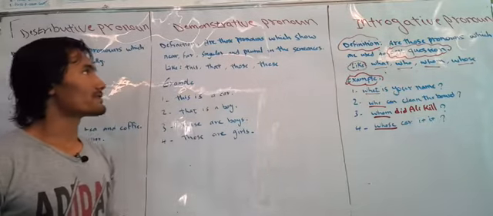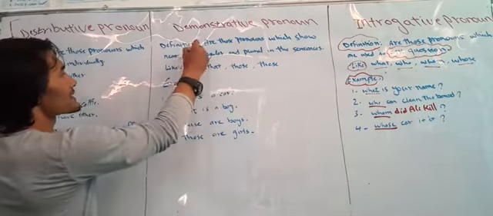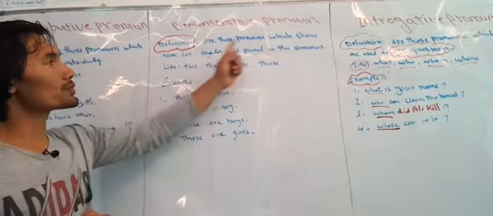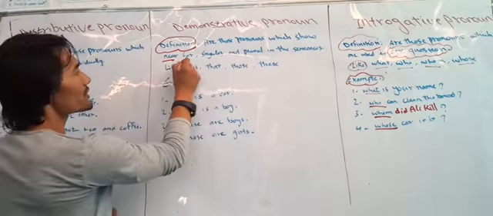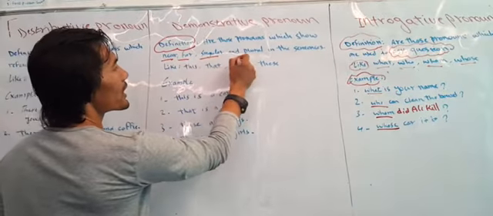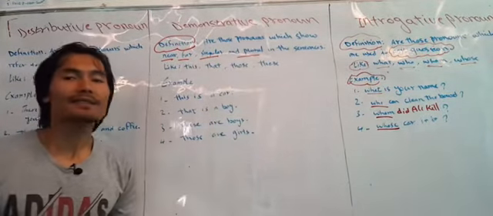This is demonstrative pronoun. Demonstrative pronouns are those pronouns which show near, far, singular, and plural in the sentences.